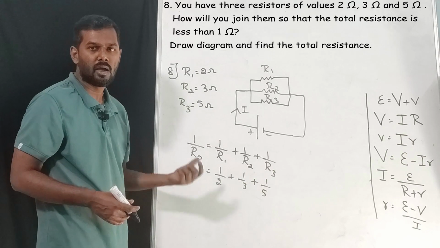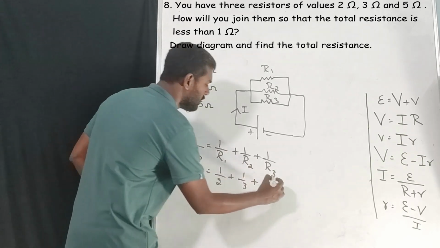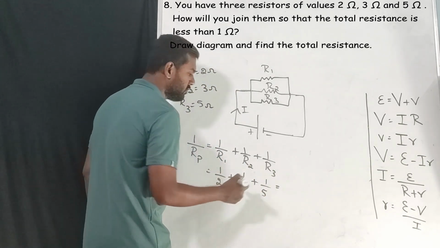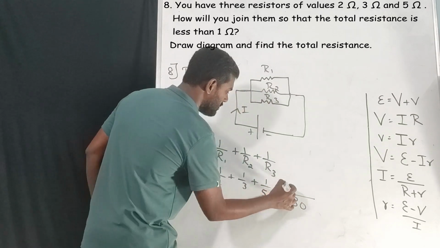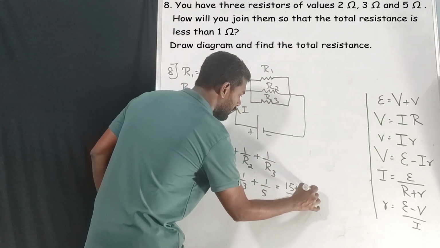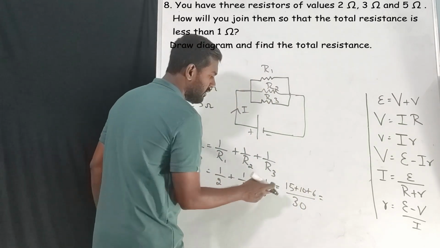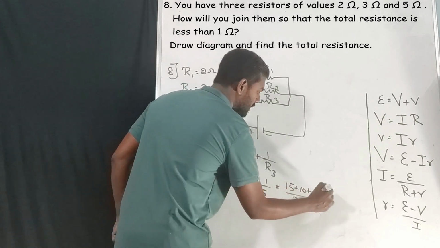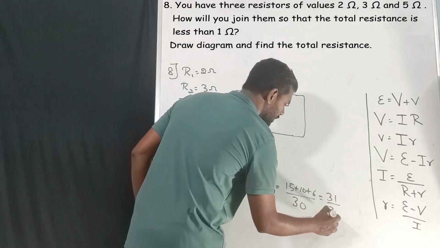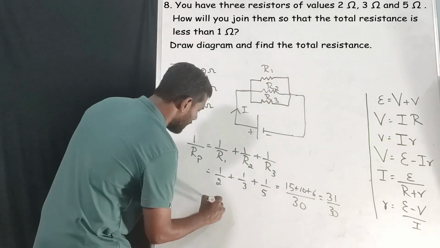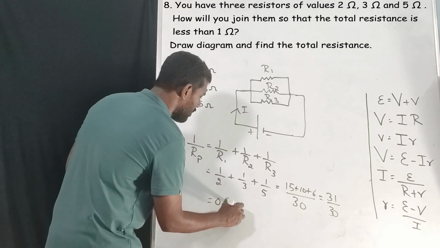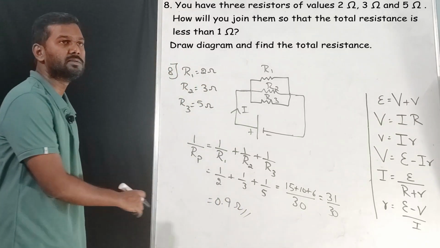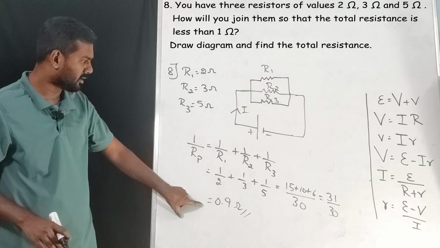All of them are prime numbers, so multiplication. 5 3s are 15, 15 2s are 30. So 15, 10 and 6. So the answer will be 31 by 30. The answer will be almost 0.9 ohms. That's it, 0.9 ohms. So now we got the answer.